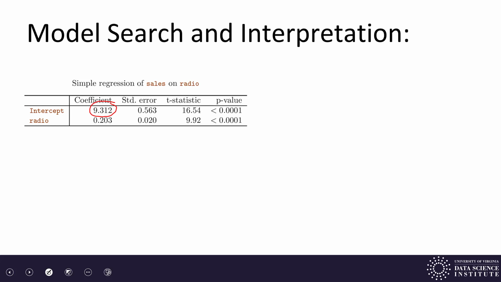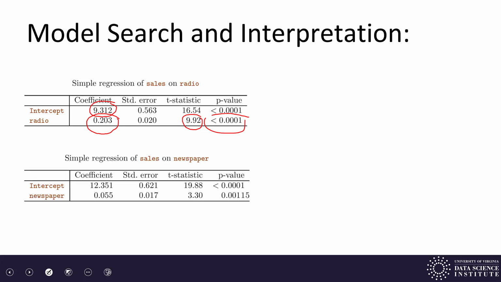Then we have our radio advertising coefficient of 0.2, which gives us a positive correlation between radio and sales. The t-statistic is 9.92, which is fairly large, and the p-value is very small. So that tells us that when we look at radio and sales, the radio variable is significant.